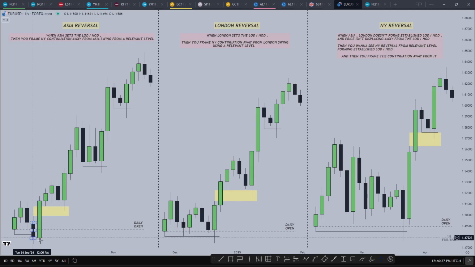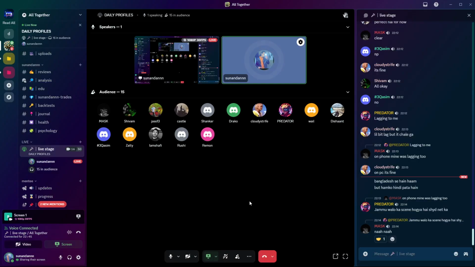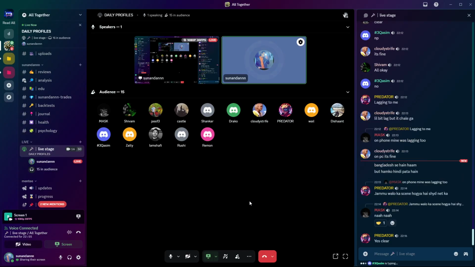Reversal or established manipulation before New York will form a continuation leg and then distribute. This thing is clear till now? Very simple it was. I would go deep into it, but was this thing clear?